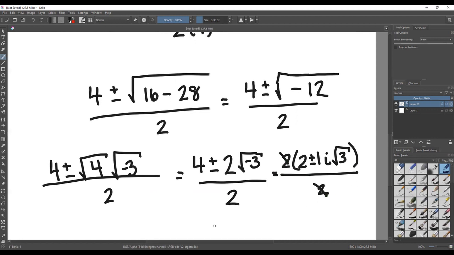So then our solution is 2 plus or minus i square root of 3. That equals x. There's your solution.